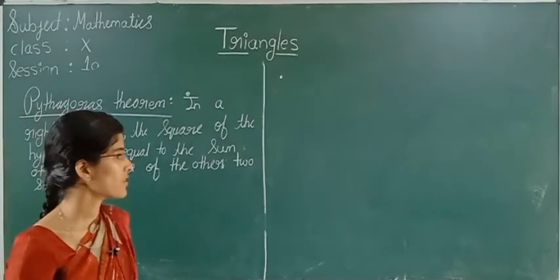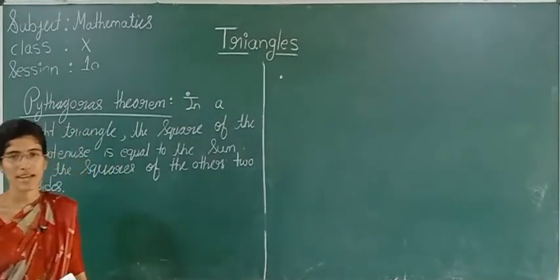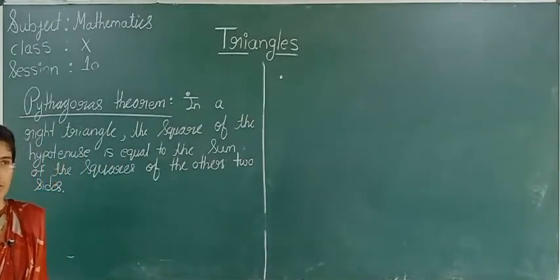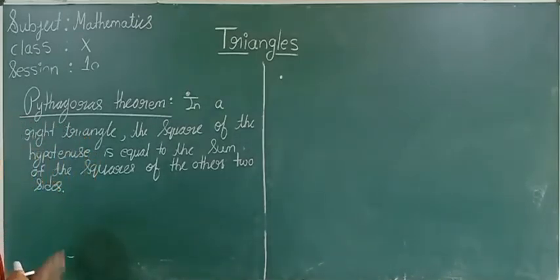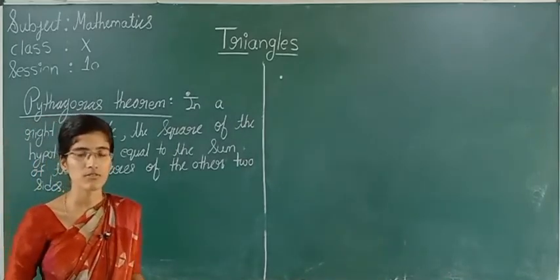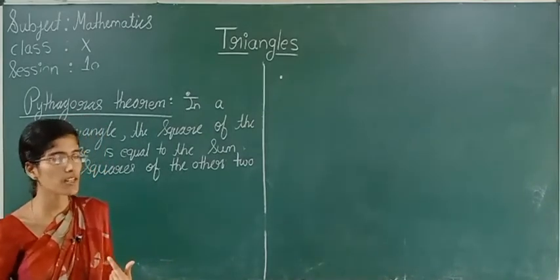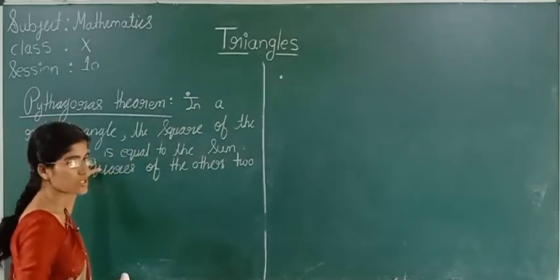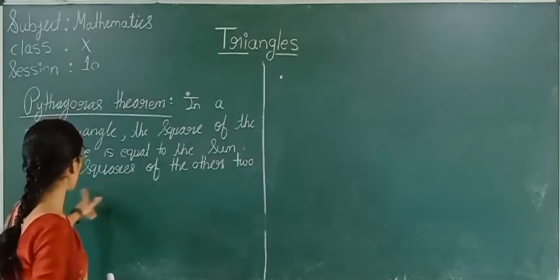Now see, student, the Pythagoras theorem is very important for the exam, and it is very important for solving problems also. The Pythagoras theorem tells us that in a right triangle, meaning a triangle which has one angle of 90 degrees, the square of the hypotenuse is equal to the sum of the squares of the other two sides.